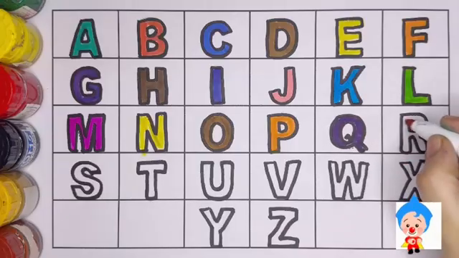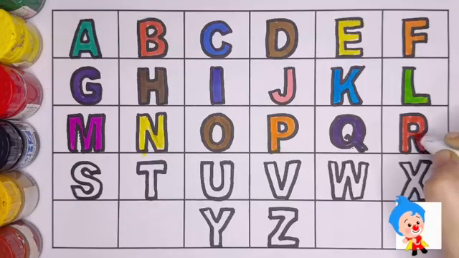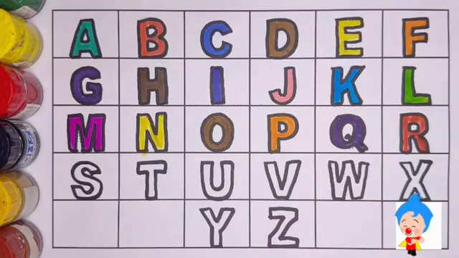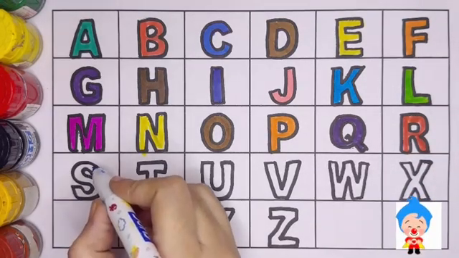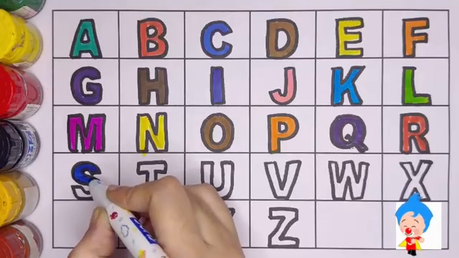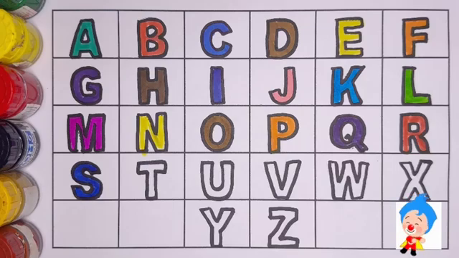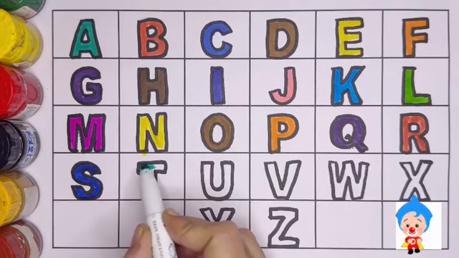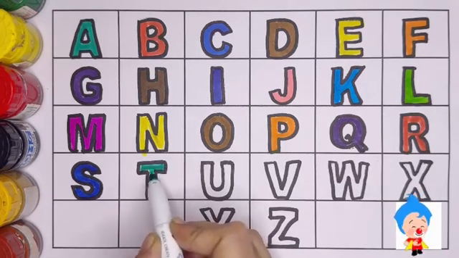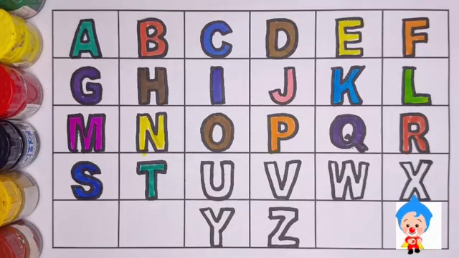Next comes R. R for rainbow. Then comes S. S for sun. Then comes T. T for tiger.